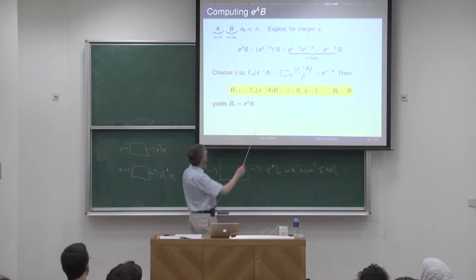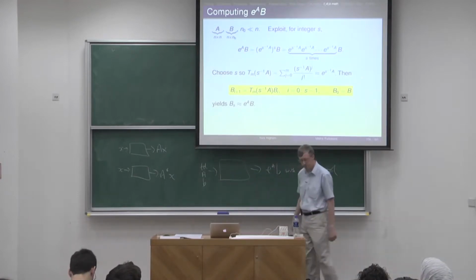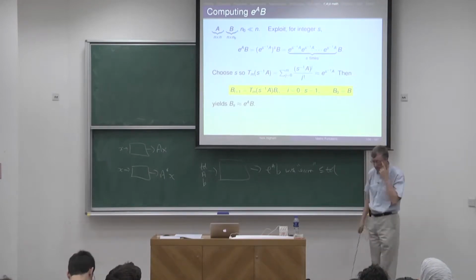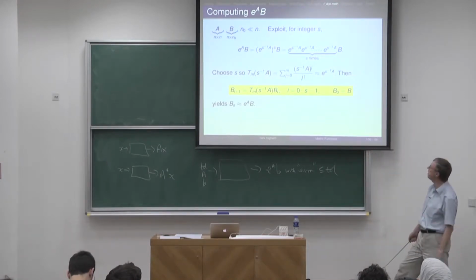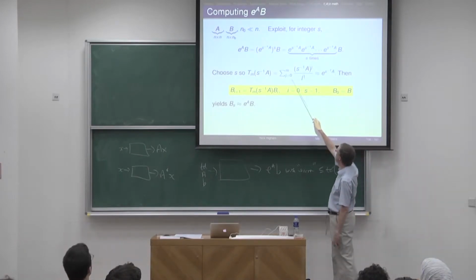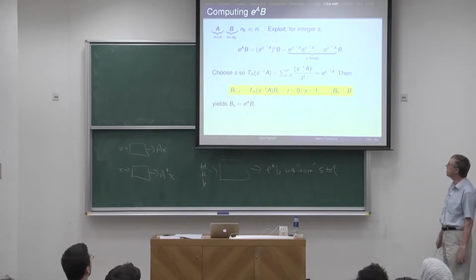So what I'm going to do is write my e to the AB as, just as the dubious way did, I'll split e to the A into s pieces of e to the A over s. And then I'll approximate each piece by a truncated Taylor series. So if I take m as 4, then that would become what was on the previous slide as the dubious way. But I'll allow m to be any integer I like here.